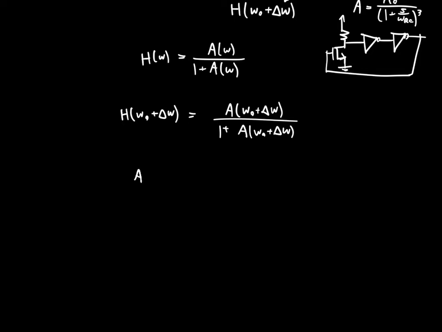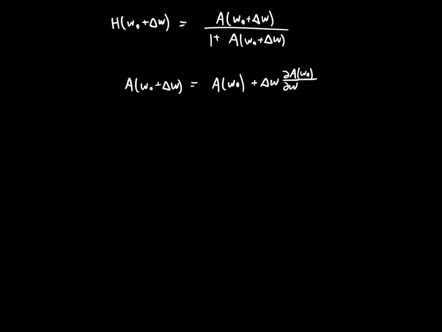So let's just say that A of omega naught plus delta omega is equal to its Taylor series expansion, or A at omega naught plus some delta omega times the derivative of A with respect to omega, evaluated at omega naught. And strictly speaking, it's a pure derivative, not a partial derivative, but they're effectively the same here. Okay, and I've neglected the higher order terms here.